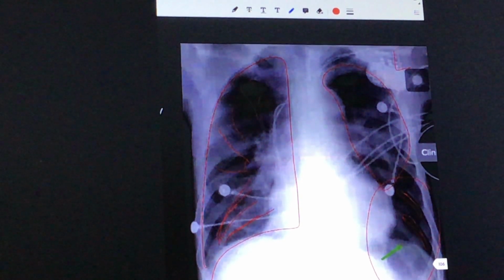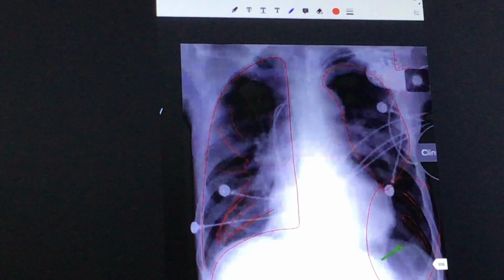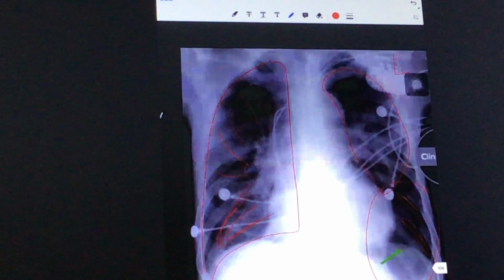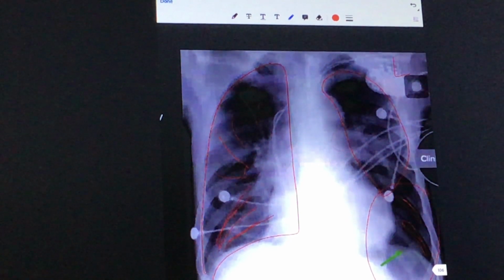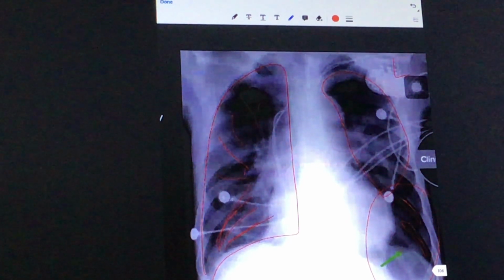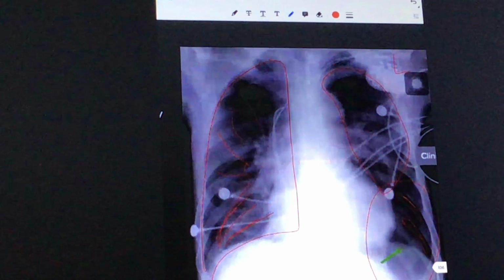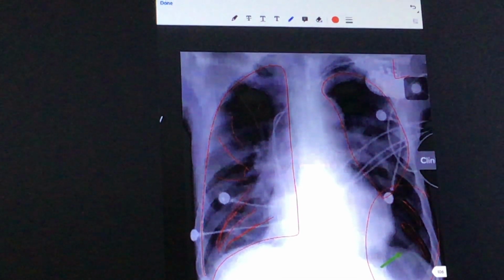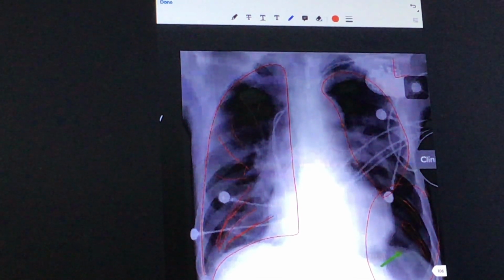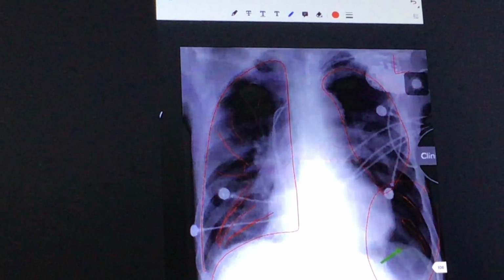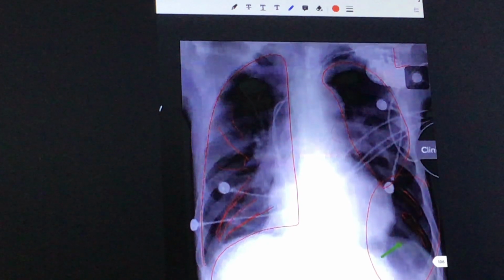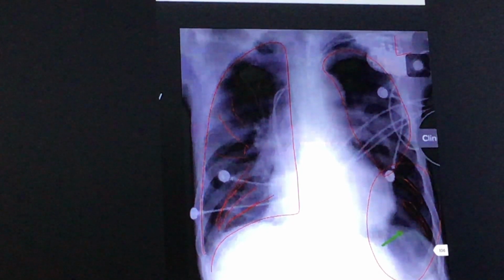Actually, this is done when a patient is in a supine position, so air travels to the non-dependent portion of the lungs. Okay, so this patient is in the lateral decubitus. Due to gravity, air will be pushed to the upper side.